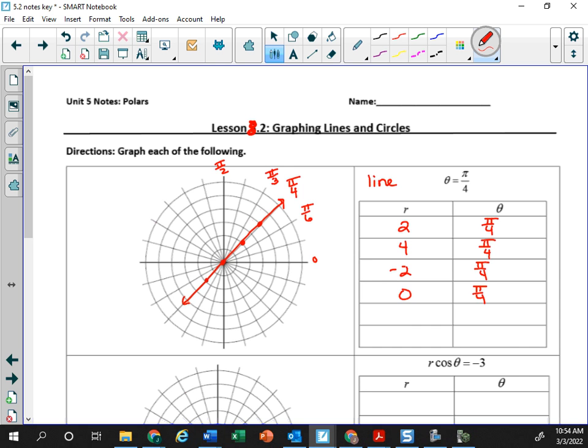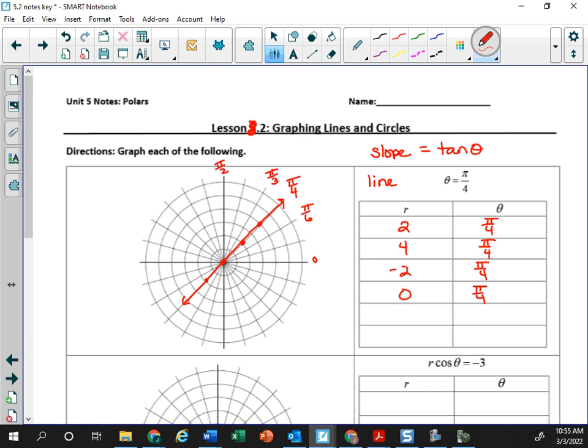So anytime you see theta equals some angle, that's just the equation of the line following that angle. You can also think about it in terms of slope. The slope of this line is always equal to tangent of the angle. So tangent of pi over 4 is 1. That is a line that goes through the pole or the origin with a slope of 1.